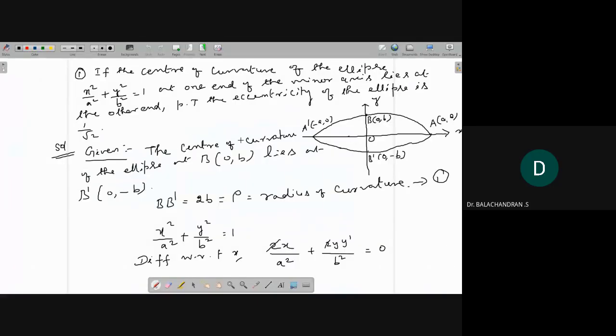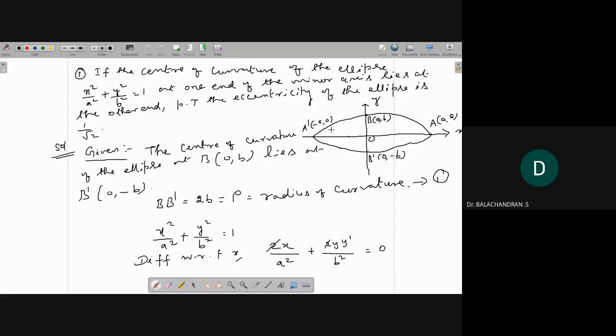So okay, I will again repeat the problem. If the center of curvature of the ellipse x square by a square plus y square by b square equal to 1 at one end of the minor axis lies at the other end, prove that the eccentricity of the ellipse is 1 by root 2.